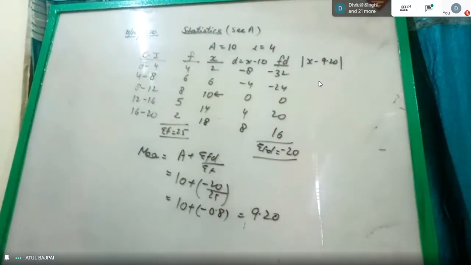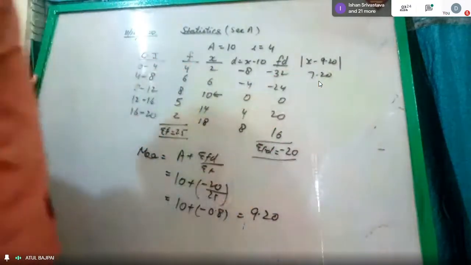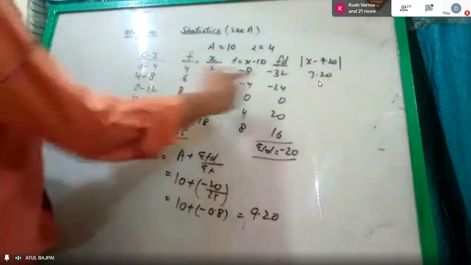Let us find the value. 2 minus 9.20, how much? Minus 7.20, the mod value is 7.20.